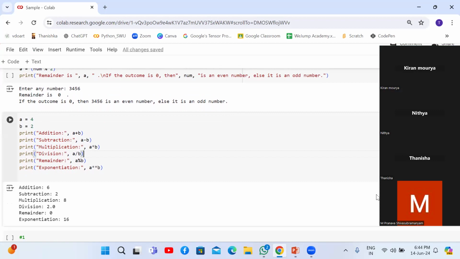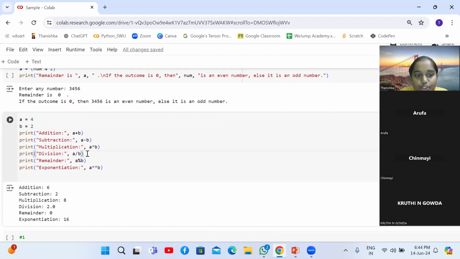Chinmay, are you there? Do you know about floor division and float division? Do you know which division this one is?